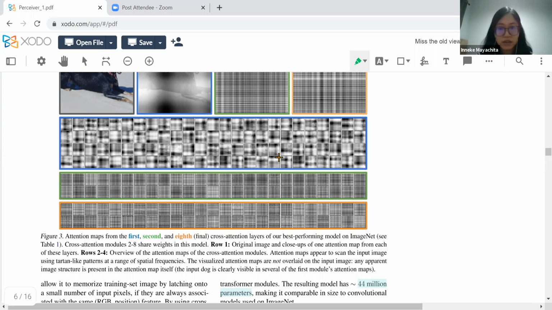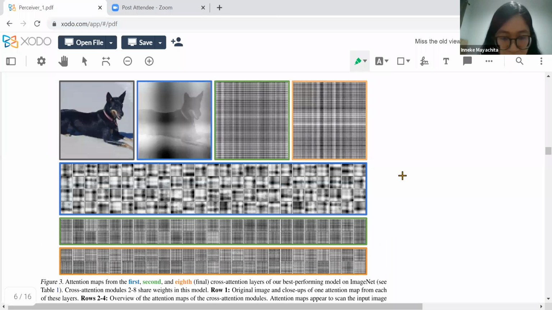Because we also have a latent transformer inside these stages that might do a lot of the work instead of the input attends. So I don't know if anyone wants to give a comment on this attention map.